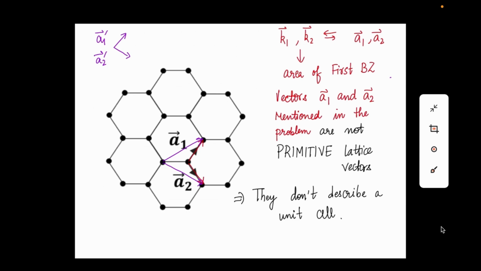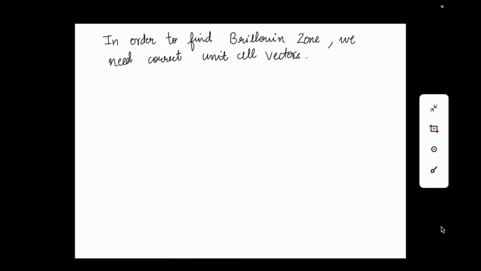So the first correct thing to think in this question is what the correct unit cell vectors are, which can reproduce the same lattice after repetition, because that's how you will define the Brillouin zone in k-space. So, okay, these are the A1 and A2. Perfect.